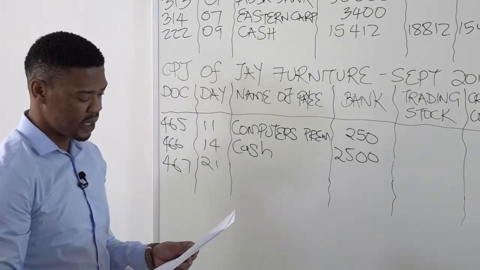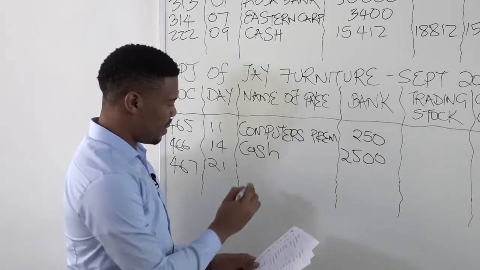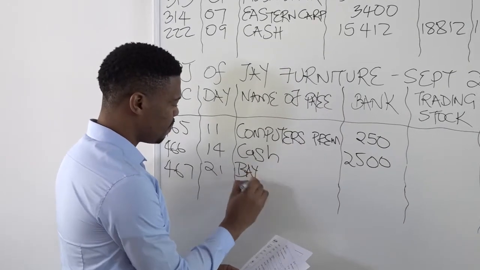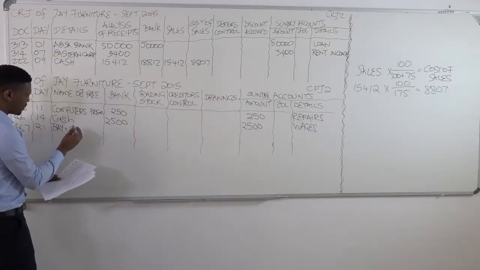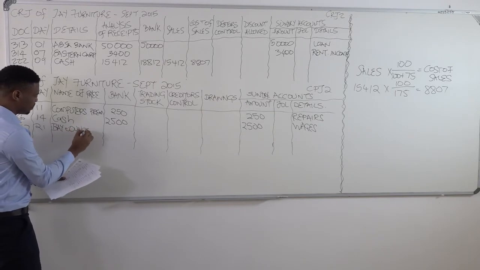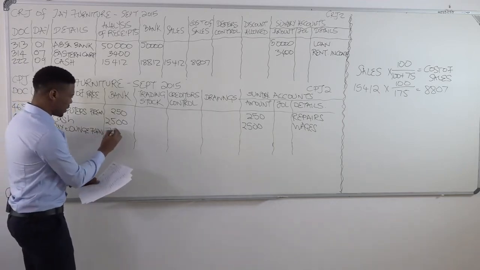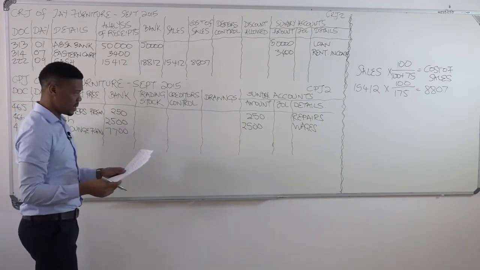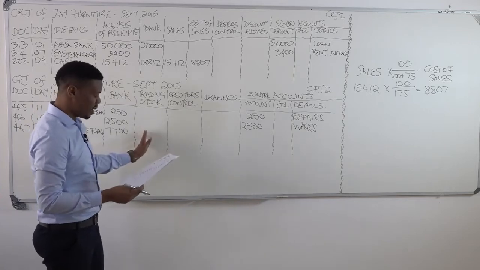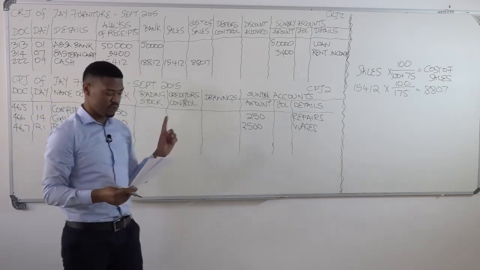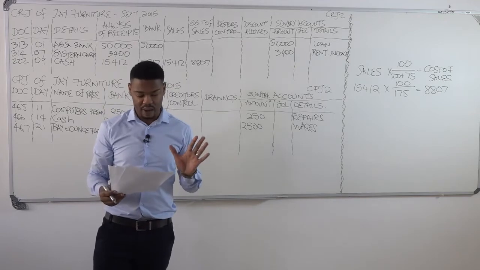This was a check issued to Bay Lounge Furniture. The amount on the check was 7,700.